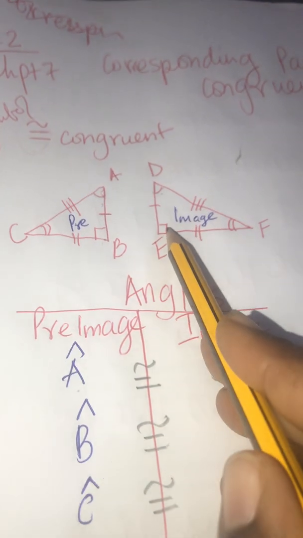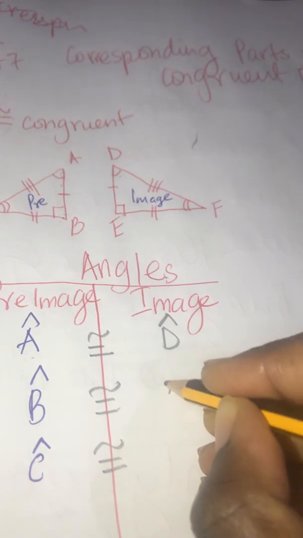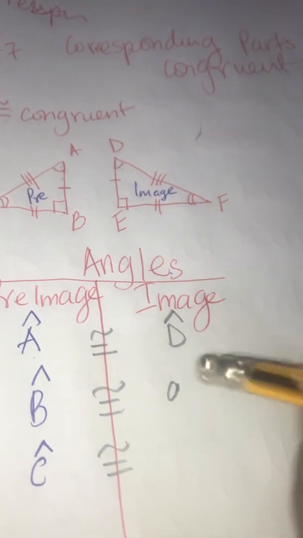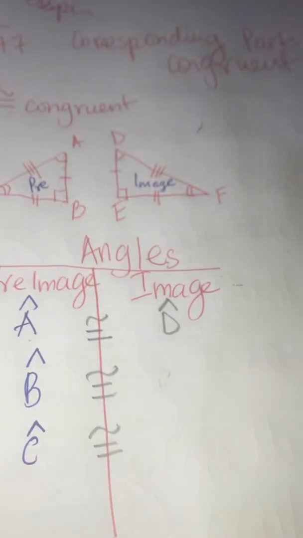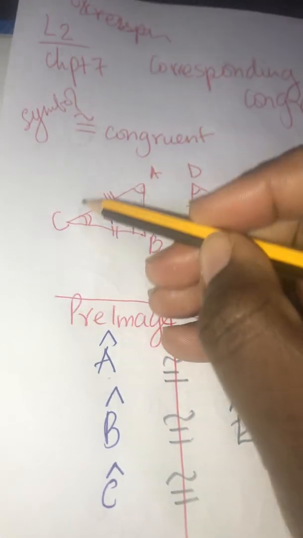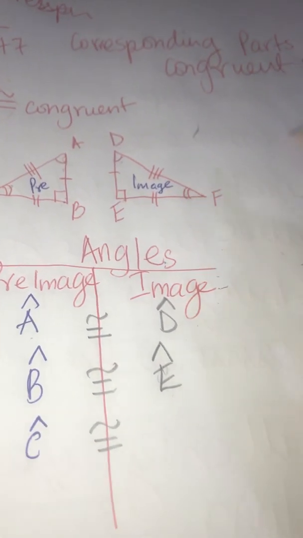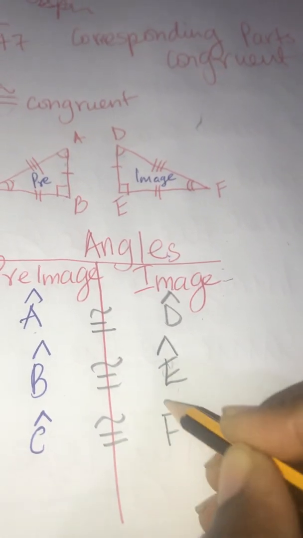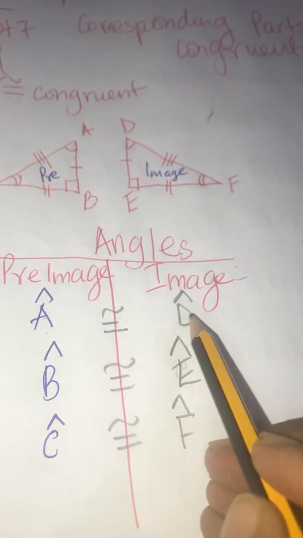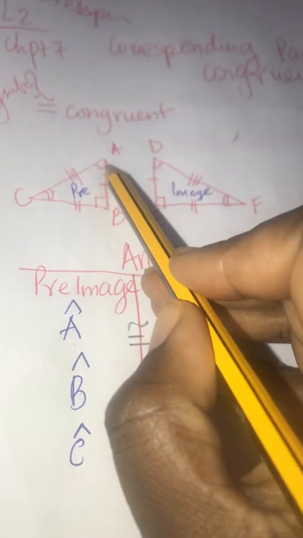Angle B matches angle E. Both of them are 90 degrees. Angle C has 2 lines. Angle F has 2 lines. So A goes with D, B goes with E, C goes with F.